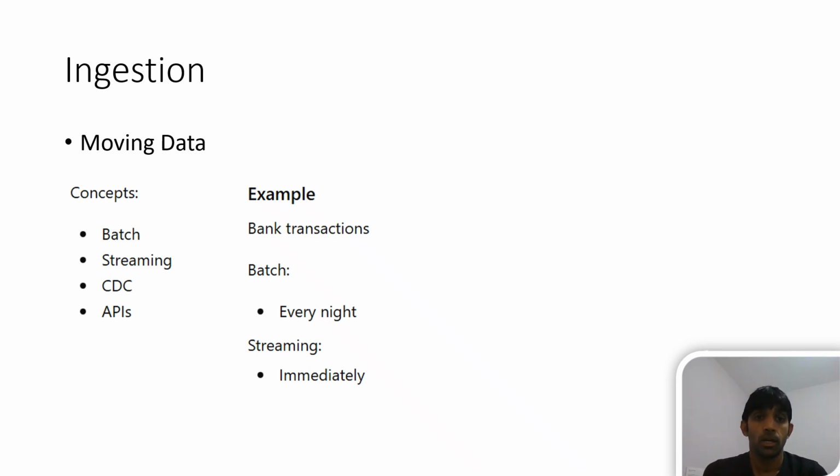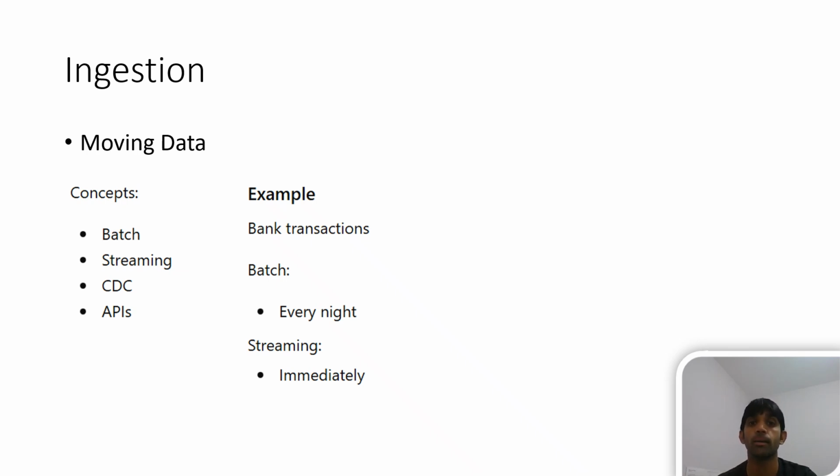Next, moving on to the ingestion stage: once data exists and storage is available, we need to move data. This process is called ingestion. There are two common approaches: batch ingestion, which moves data at scheduled intervals, and streaming ingestion, which moves data continuously or in near real time.